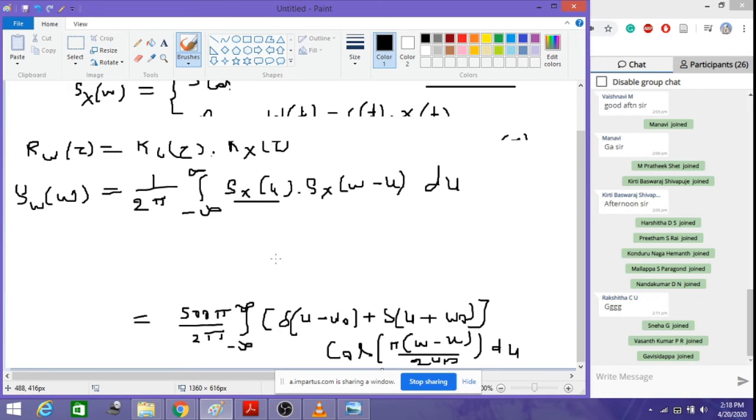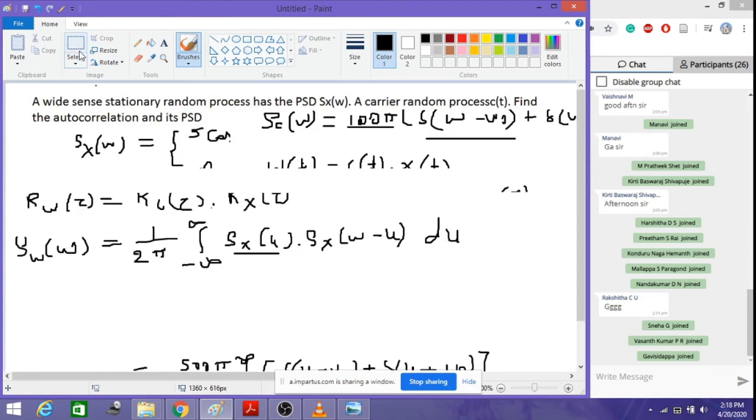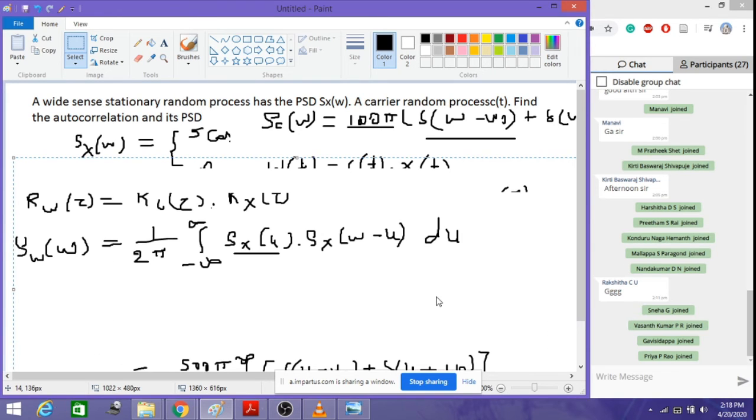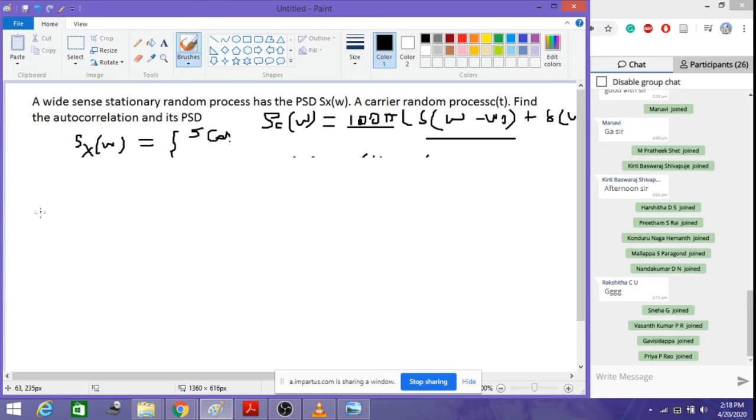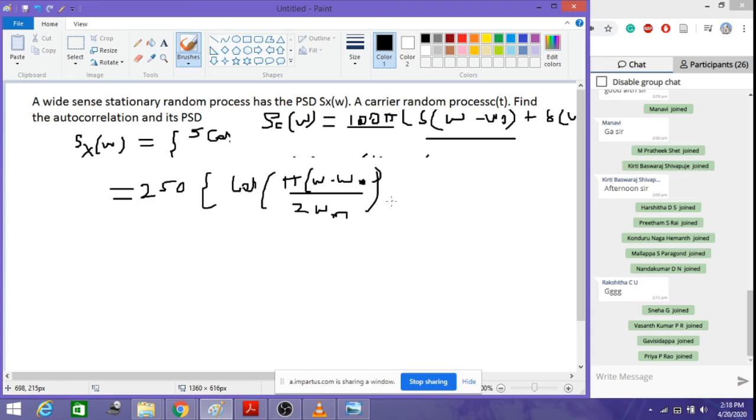So when we simplify this term, finally we will get this equal to 250 into, from the impulse property, we can straight away apply this as cos pi of omega minus omega naught by 2 omega m, plus cos of pi of omega plus omega naught by 2 omega m.